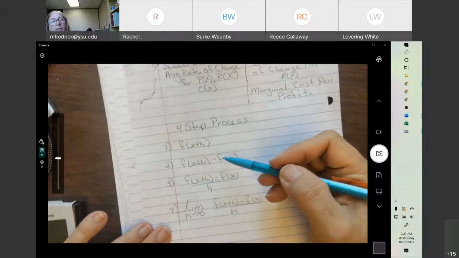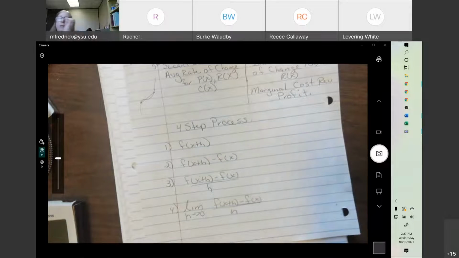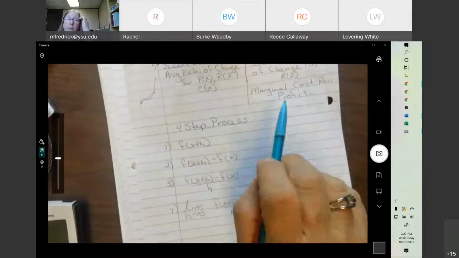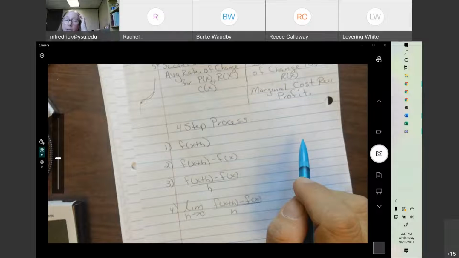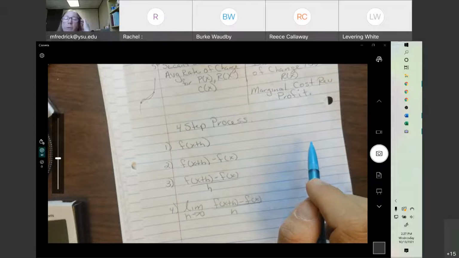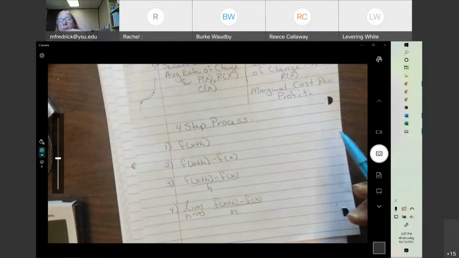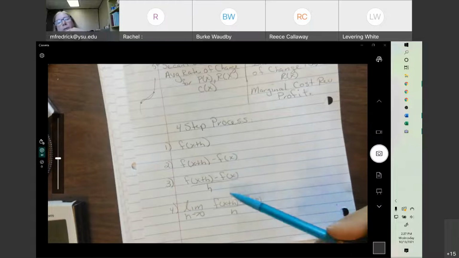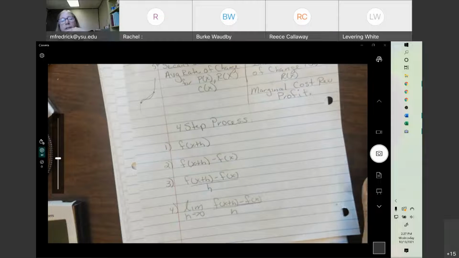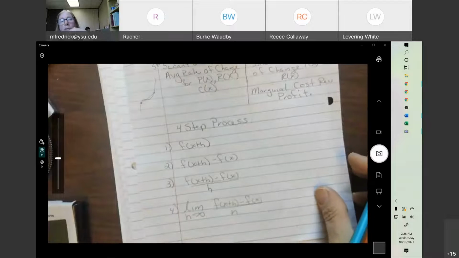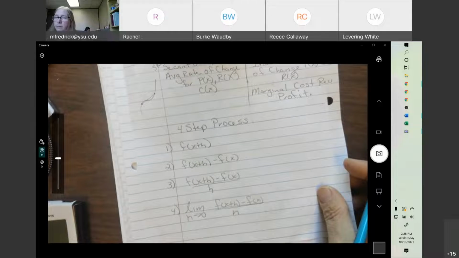So these are the 4 steps, but if you want to do them all at once, I'm fine with that. When you have a polynomial, be careful. A lot of careless mistakes happen all at once. But then when we do the square root one, we're going to do it all at once because there's nothing to simplify before that.